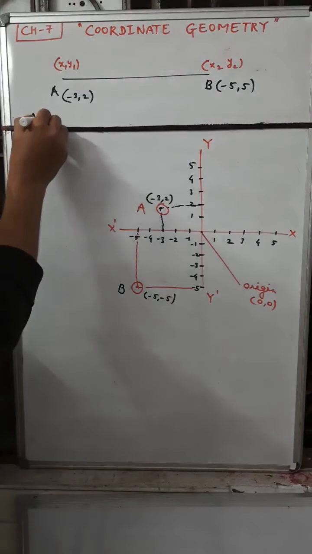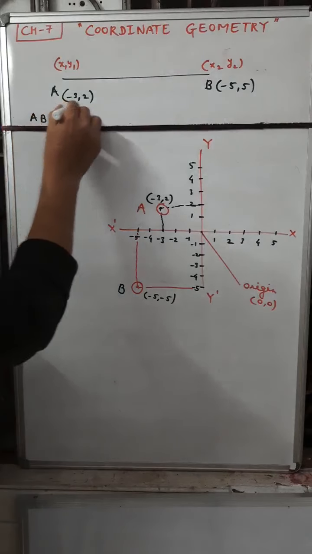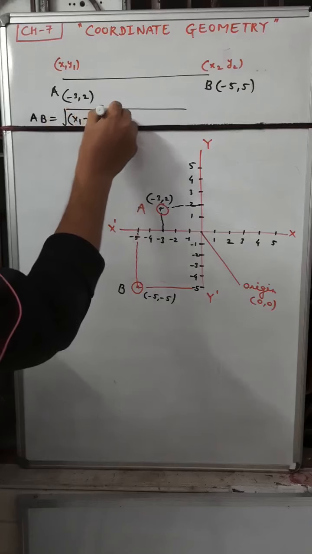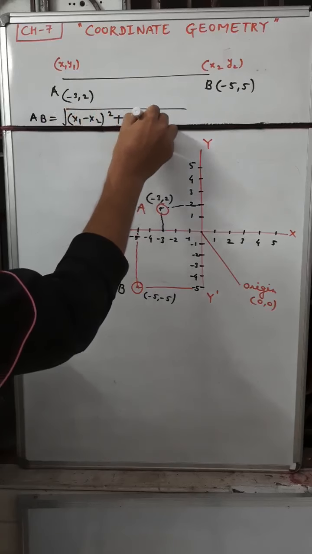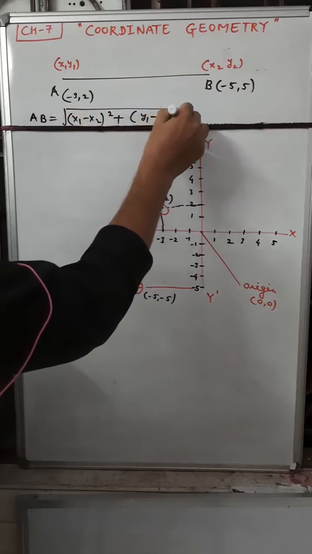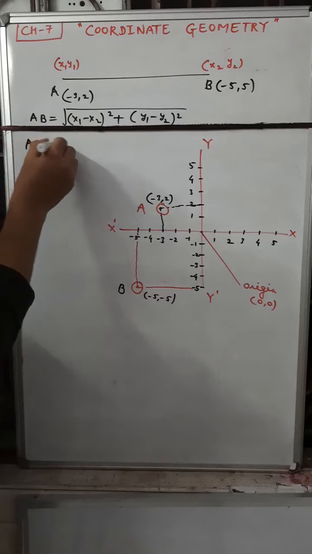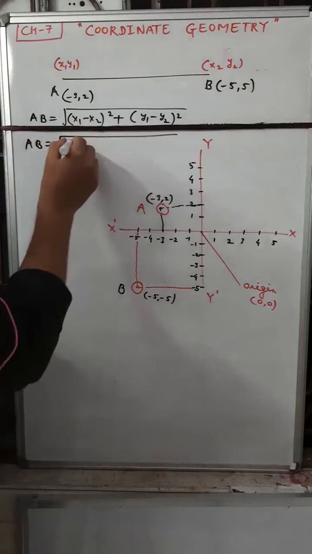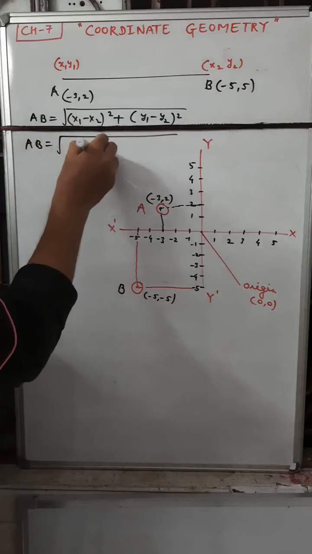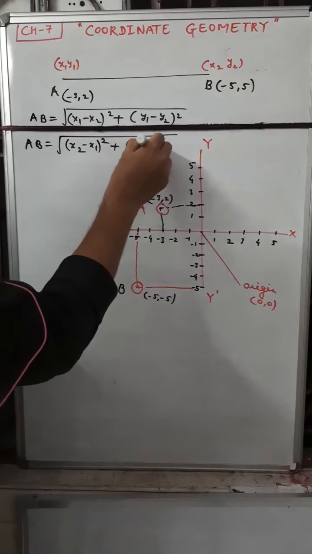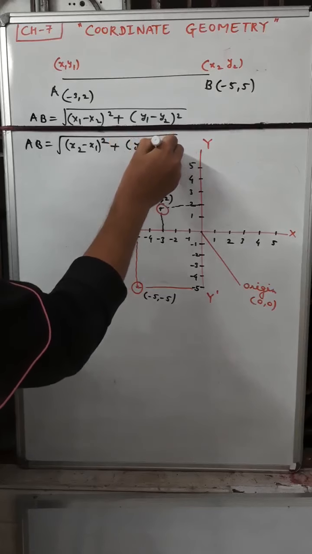The formula is that AB is equal to under root of x1 minus x2 whole square plus y1 minus y2 whole square. Or, one more formula if you like, you can use x2 minus x1 whole square plus y2 minus y1 whole square.